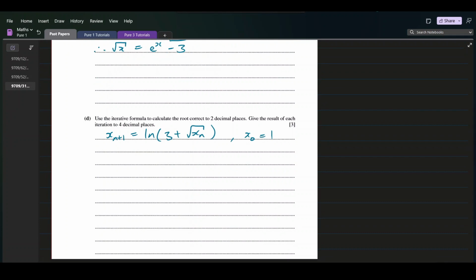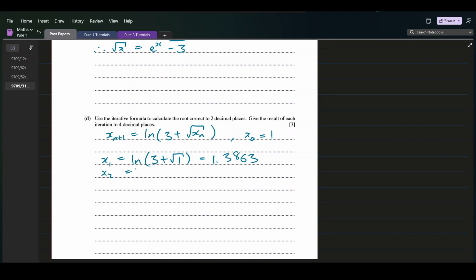So this means that x1 is equal to ln of 3 plus root x0, which is 1. If we punch that into a calculator, that's ln of 3 plus root 1, and that gives us 1.3863 correct to 4 decimal places.